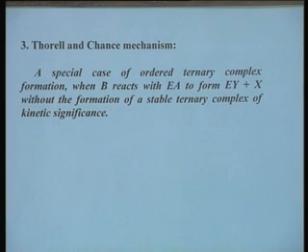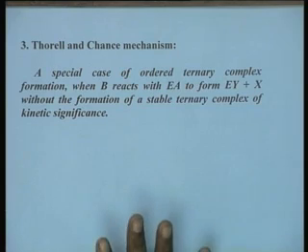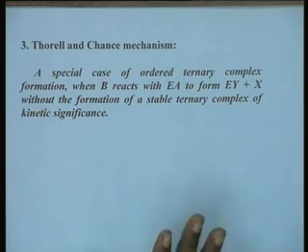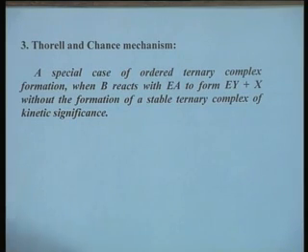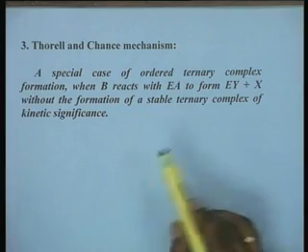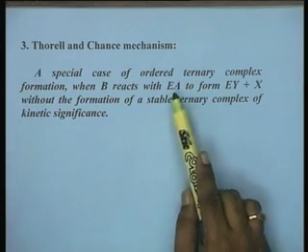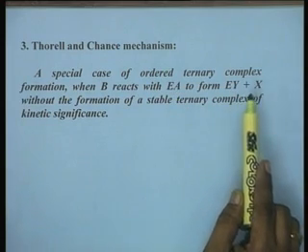That means the half-life of the ternary complex is very, very small in this case, although they never said that ternary complex formation does not take place. They agreed that ternary complex formation is taking place, but the half-life of the ternary complex is essentially very small, and before that the second substrate can interact with EA to form the first product.